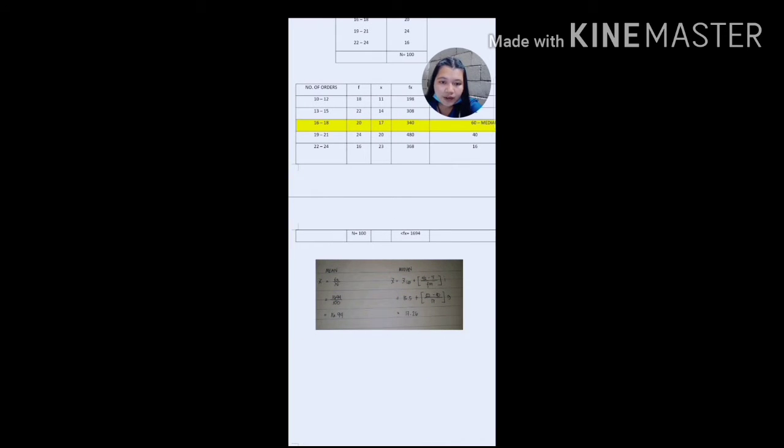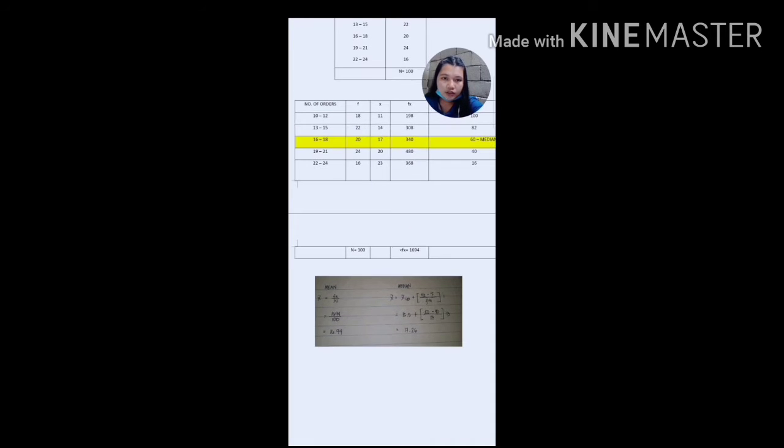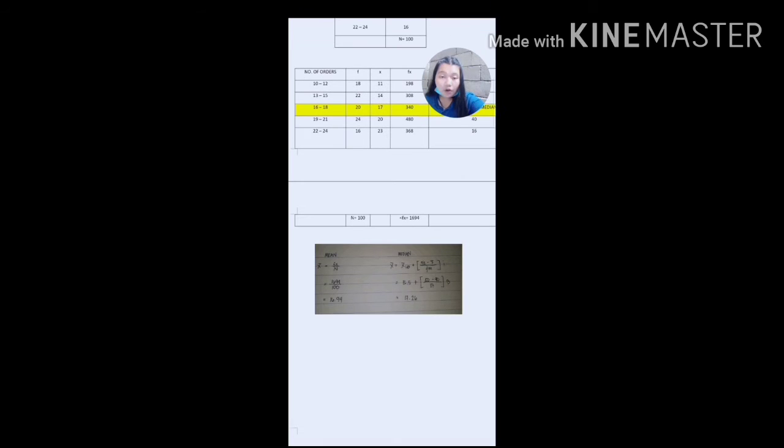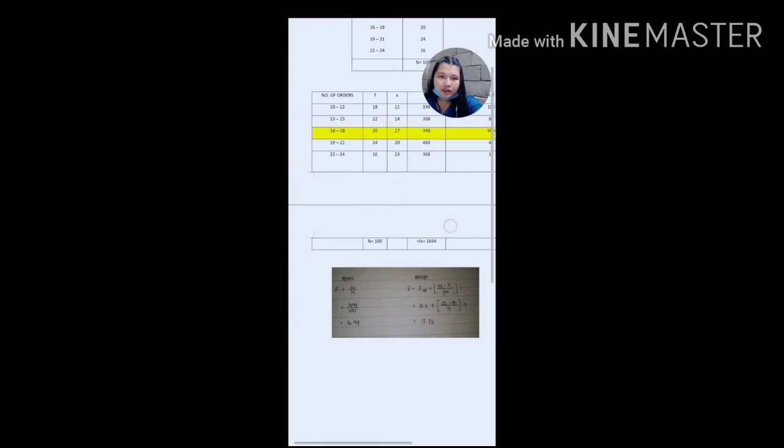So 15.5 plus 50 minus 40 over 17, which is the frequency of the median class. Our class size is 3, since if we count 10, 11, 12, that is 3.